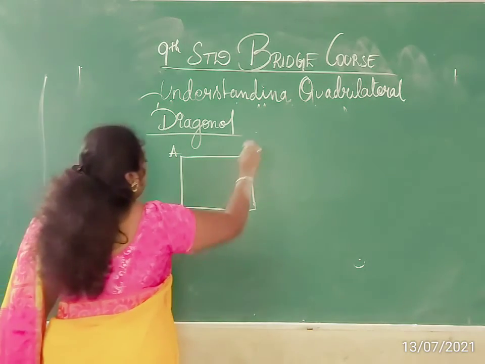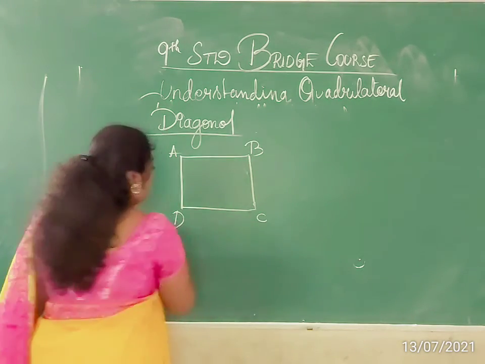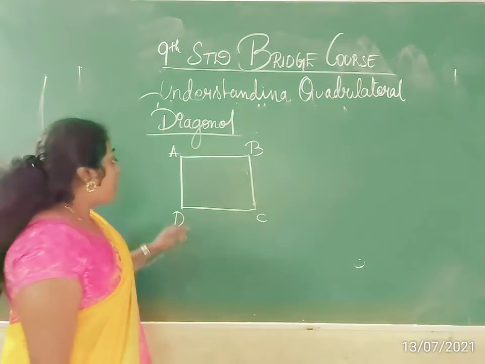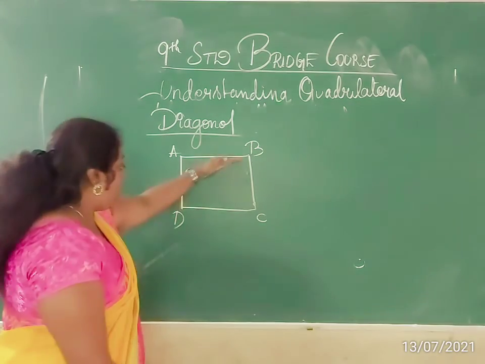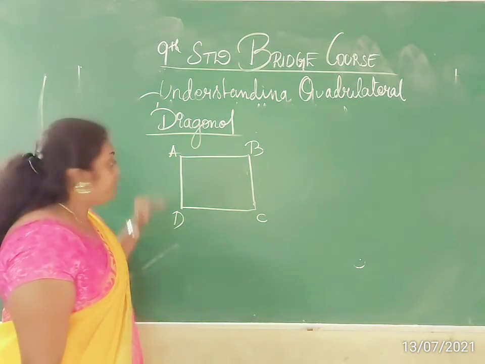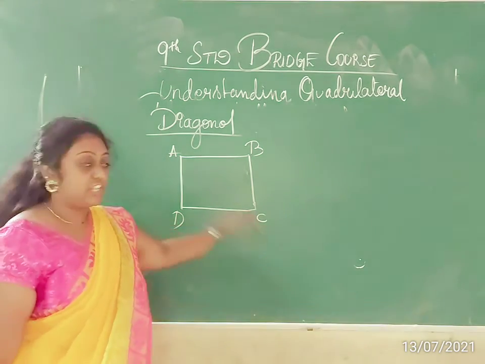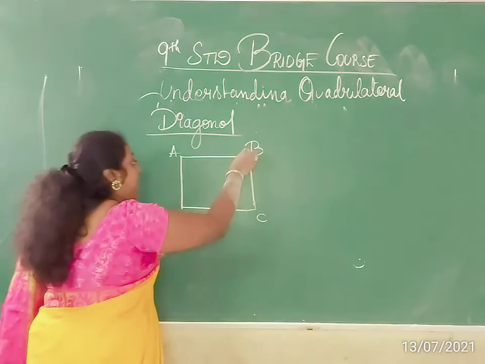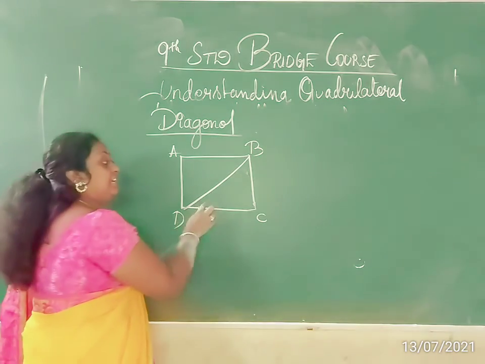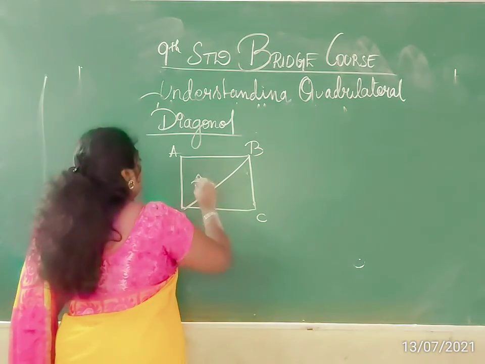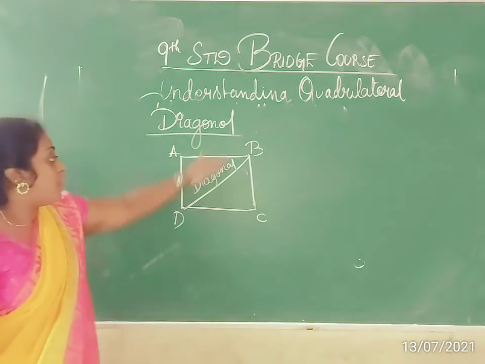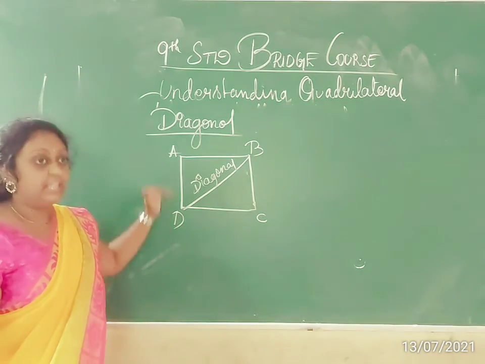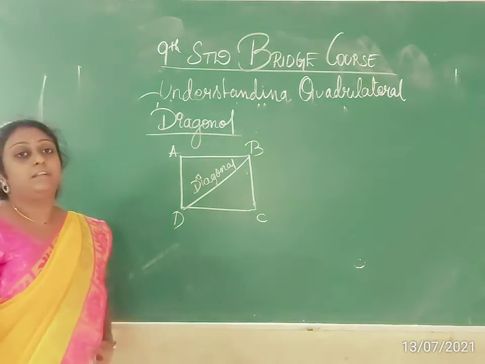A, B, C and D. Now diagonal means what? When two opposite vertices meet. Now A and C are opposite to each other. B and D are opposite to each other. When B and D meet, this is said to be your diagonal. You getting it? When the opposite vertices meet, then it is said to be your diagonal.